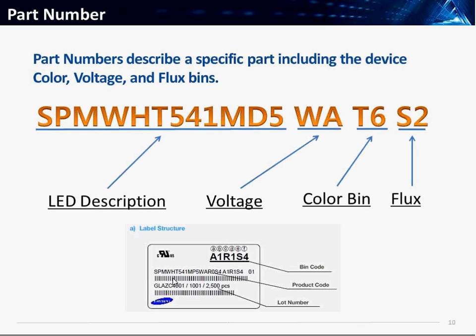You can see where the actual order code is located on the front part of the label, and the last 6 digits are reprinted to show what the actual color and flux rank are. You can see it's put in bold here as well. So A1, R1, S4 was what they actually received.